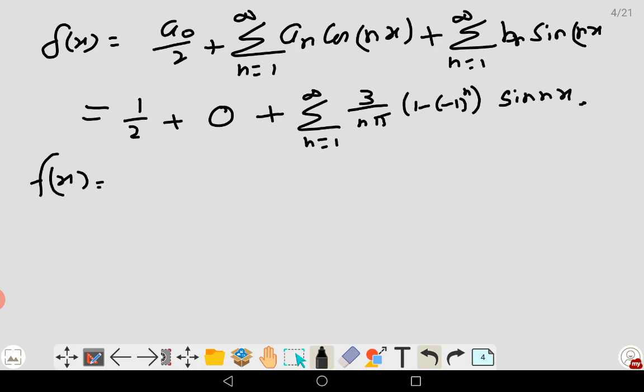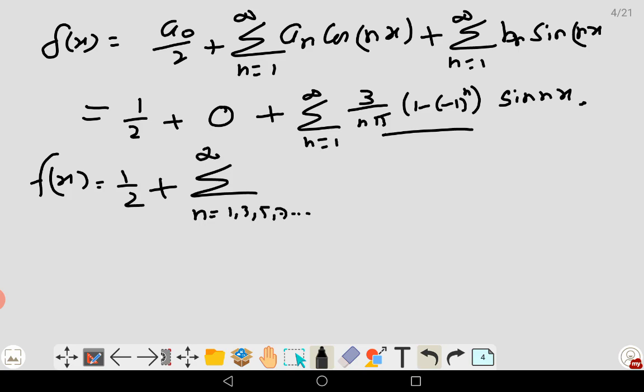Further, I will replace this by writing n is 1, 3, 5, 7, going on odd numbers to infinity. I take only odd values of n. So this becomes 6 over n pi, sin nx.